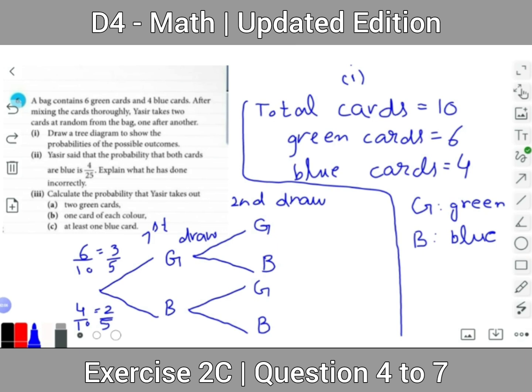First we have to read one thing from the statement: Yasser takes 2 cards at random from the bag, one after another.